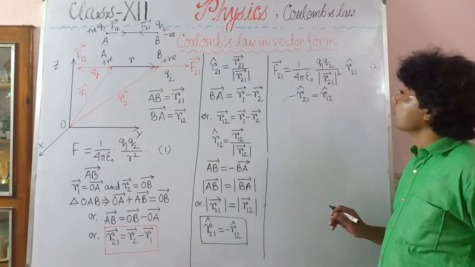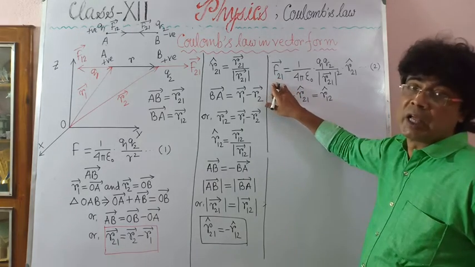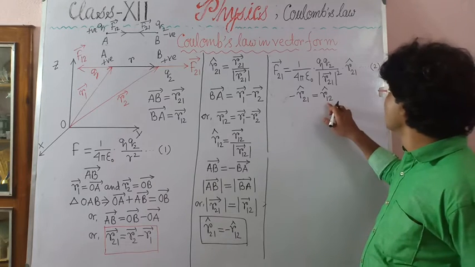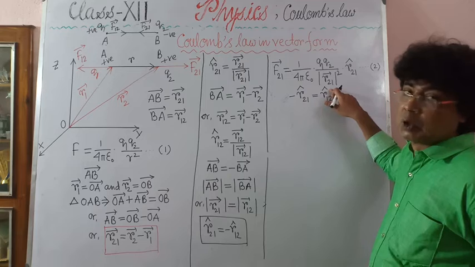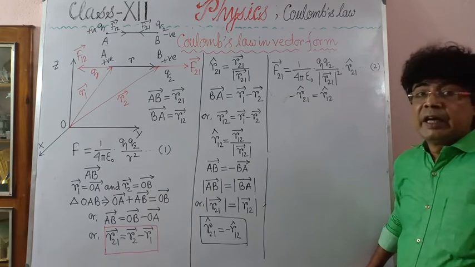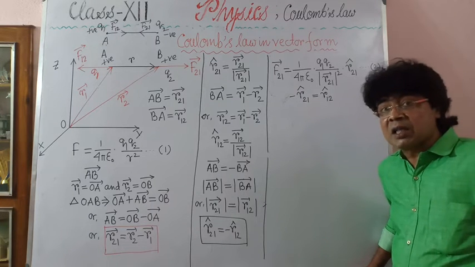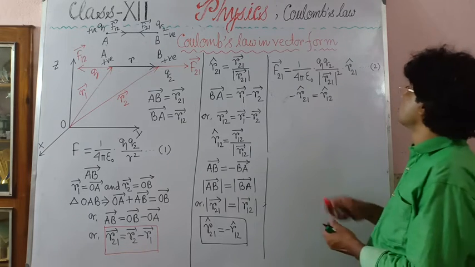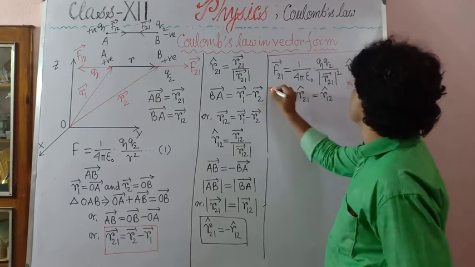So the direction of this force F21 vector is along R12 cap. So it is clear that whatever the sign of the charges, this is the vector form of Coulomb's law.